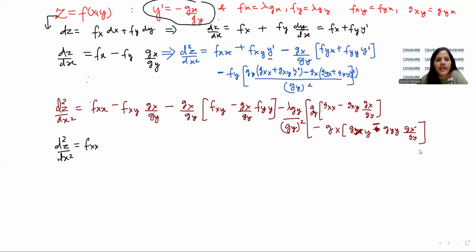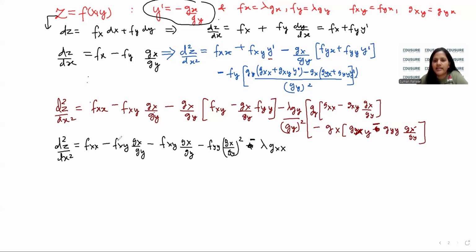So we have fxx minus fxy gx gy minus fxy gx gy minus fyy gx by gy whole square. Then plus lambda times minus lambda times gxx. Then minus plus gxy.